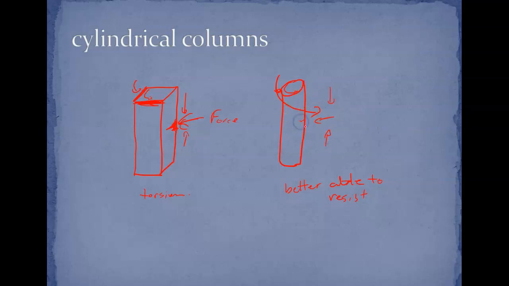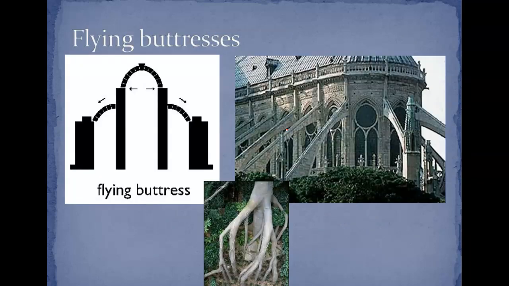A weakness here will not have the same impact as a weakness on a rectangular column. And so cylindrical columns are better able to resist torsion forces and buckling due to weaknesses. Okay, and so this is why we will want to use a cylindrical column.